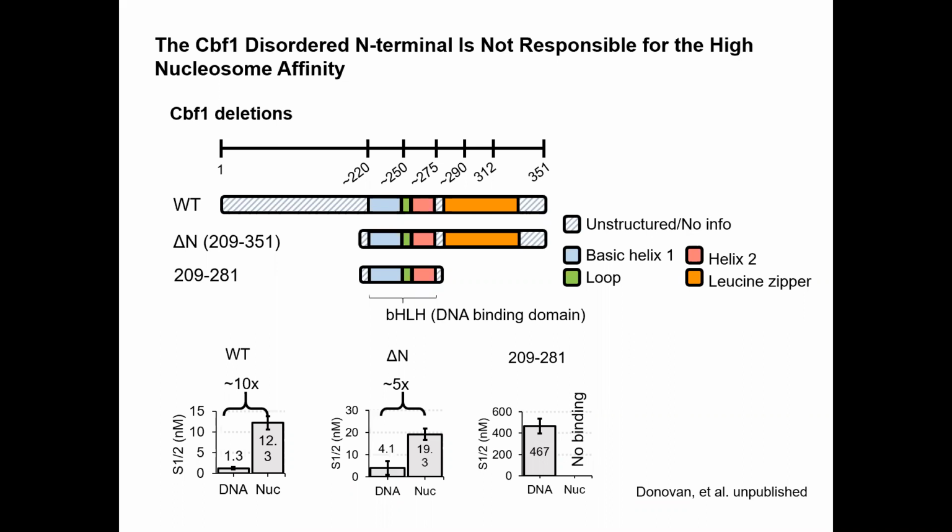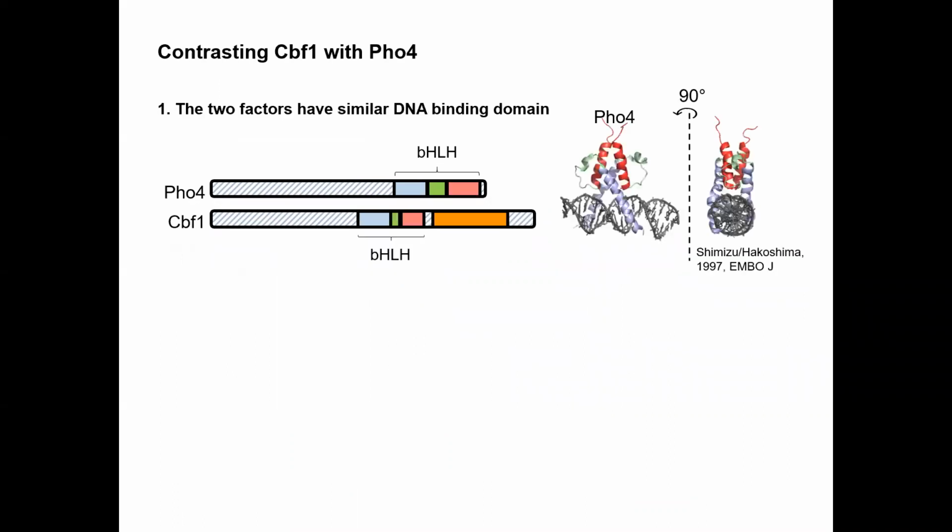Okay, so we changed our strategy a little bit by contrasting 2 proteins, CBF1 and PHO4. These 2 proteins both have this basic helix-loop-helix domain, and they are close homologs. There is a PHO4 structure out there, and you can see it is the N-terminal part of this basic helix that's in direct contact with the DNA.